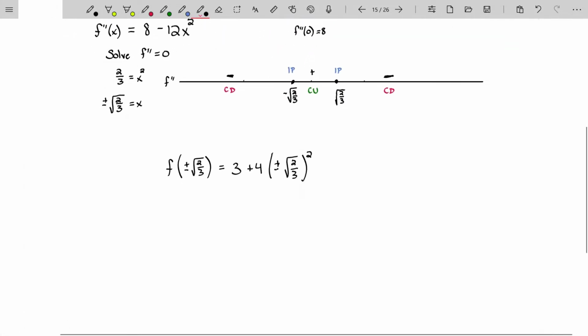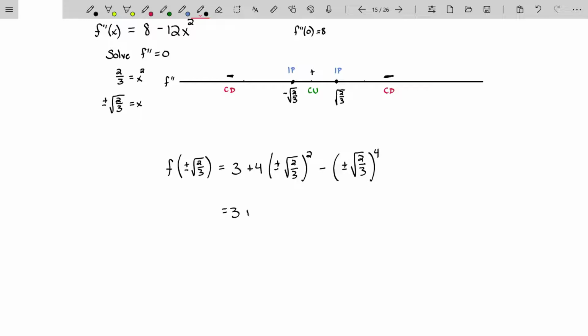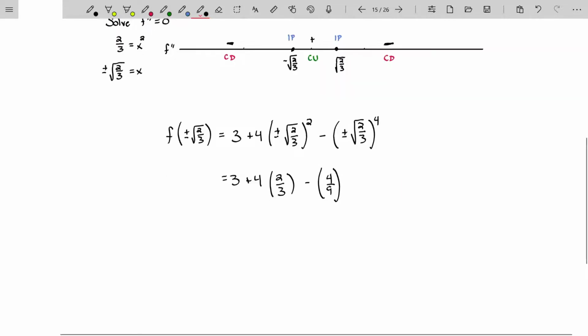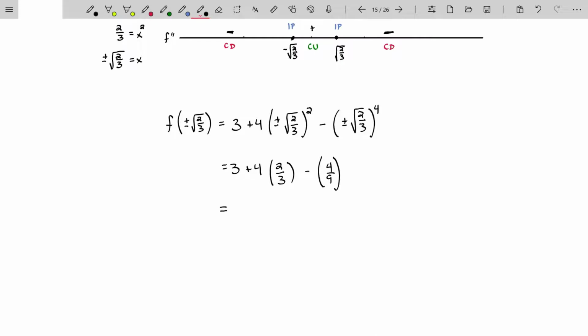So they'll be the same value. Plus or minus root 2/3 to the 4th. And this is going to be 3 plus 4 times 2/3 minus, let's see, 4/9.